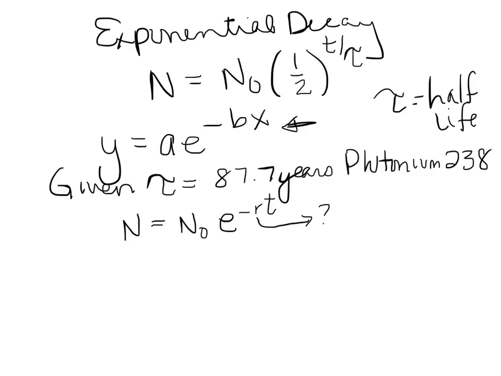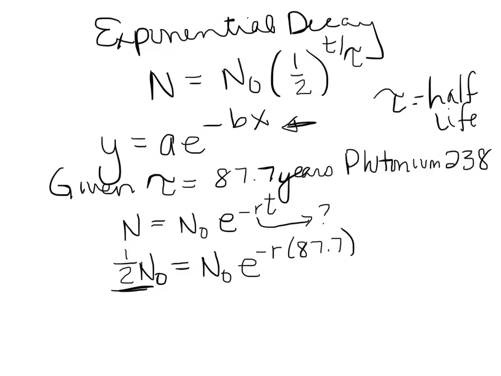So what I'm going to do is use that half-life as my time. So when my time is equal to a half-life, then the amount that's left is a half N naught. So I started with N naught. After one half-life, I'm down to 1/2 N naught. E to the minus r, and the amount of time that took was the half-life, 87.7. And everything will be measured in years. So this is nice because I don't even need to know the initial quantity.